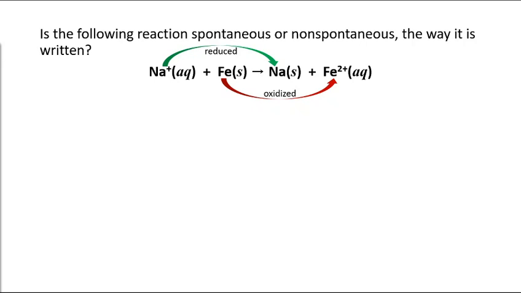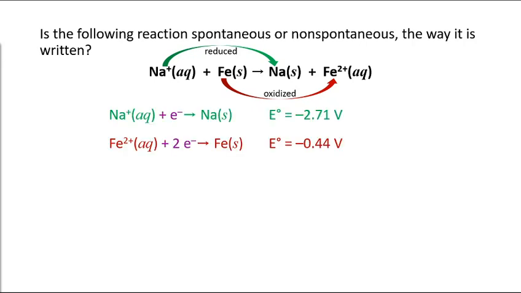In addition to that, we know some half-cell reactions. Here we have sodium plus an electron gives us sodium, and iron 2+ aqueous plus 2 electrons gives us our iron solid. These are the values that I told you that you are not expected to memorize, and these will be given to you on the exam if a question like this arises.